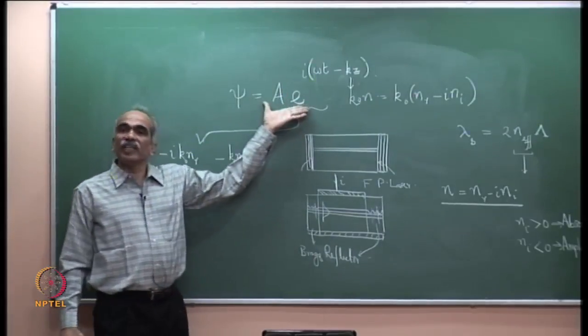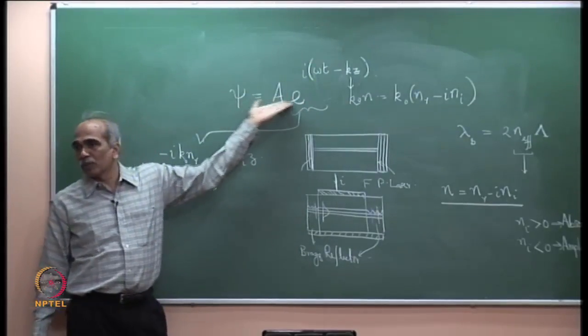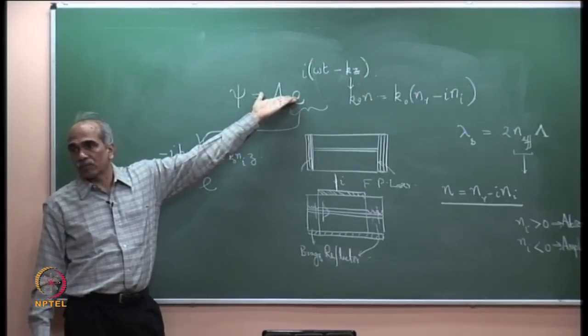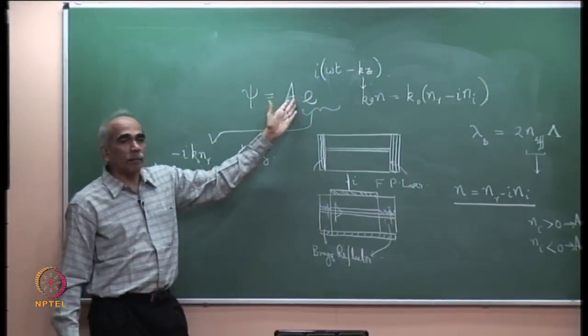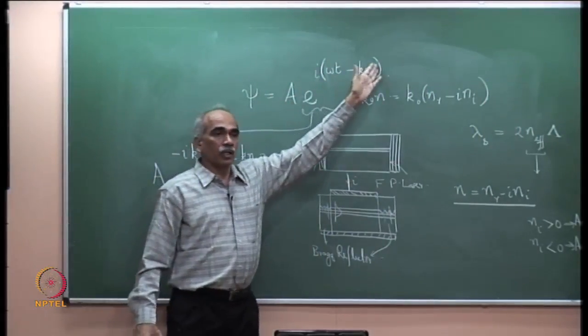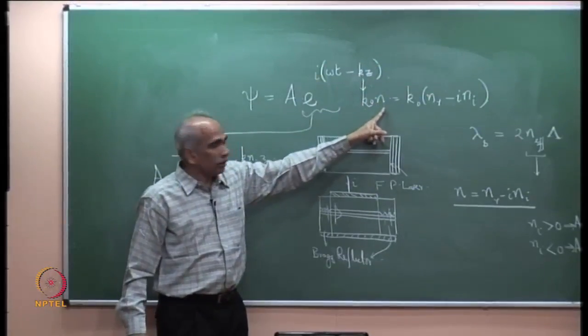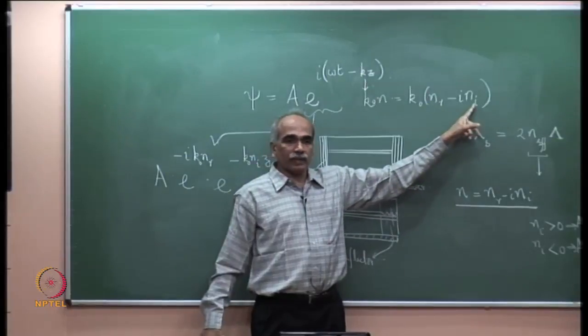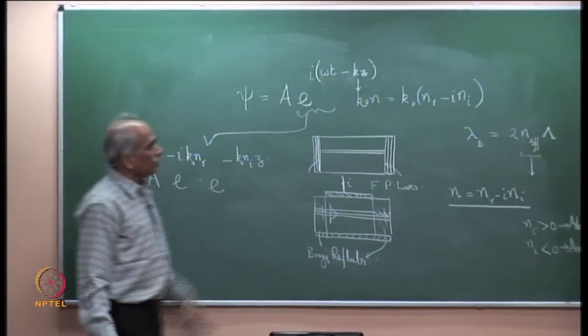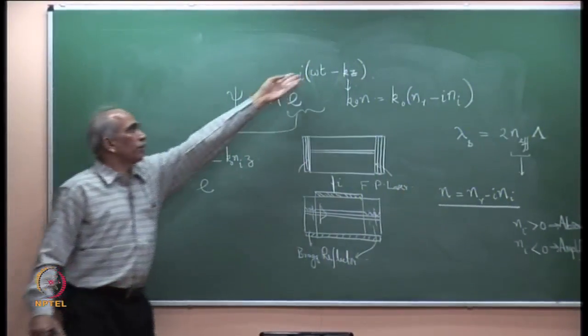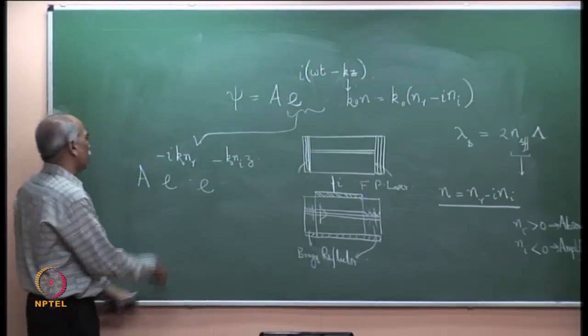What I have written is an expression for a plane wave. This is a propagating plane wave in the z direction. Psi is equal to amplitude into this. If the refractive index is complex, so k is k0 into n, I have substituted here the complex quantity, and then I just substituted back, I omega t I have left, you can keep i omega t.